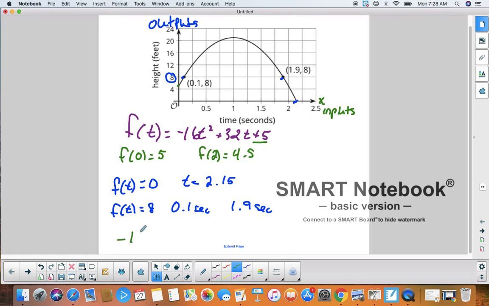We would have to solve negative 16t squared plus 32t plus 5. We want this height to be 8. And that's something we haven't learned yet. So that's going to be the focus for this last week.